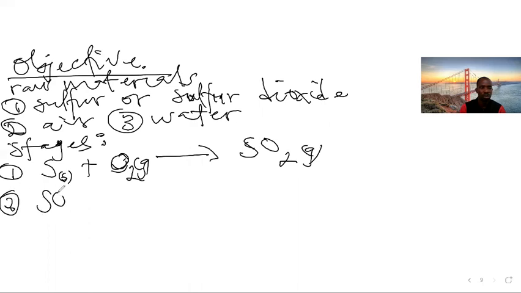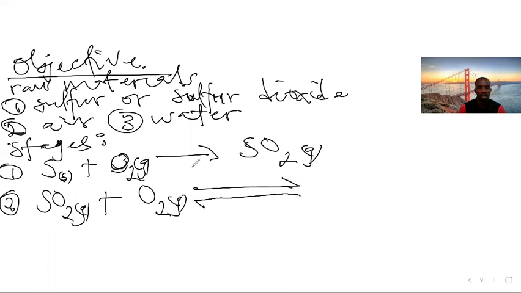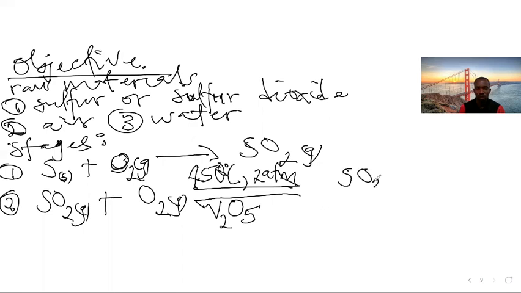Stage 2, your SO2 gas is made to react with more air, oxygen, in a reversible reaction at 450 degrees C, and say 2 atmospheres, vanadium(V) oxide as the catalyst, to give you SO3 as a gas. Please remember, equations must always be balanced.